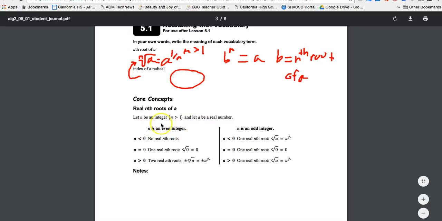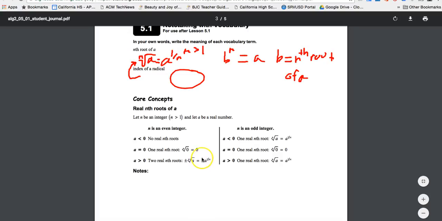If n is an even integer, then you've got some calculations right here. If your a value is negative, there's no real roots. If it equals 0, then your nth root is just 0. And if it's greater than 0, you've got 2 real roots. You've got plus or minus whatever your nth root of a is.